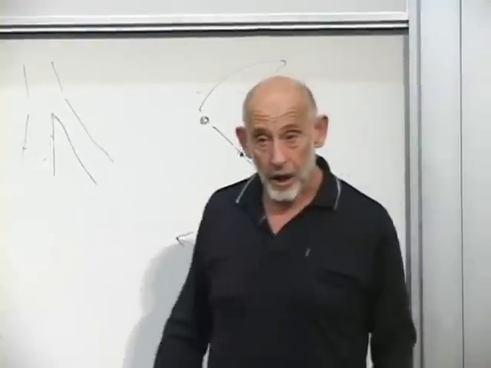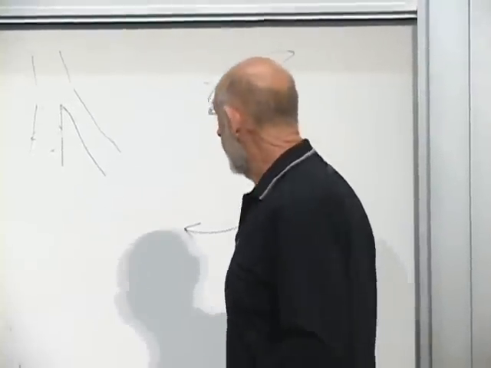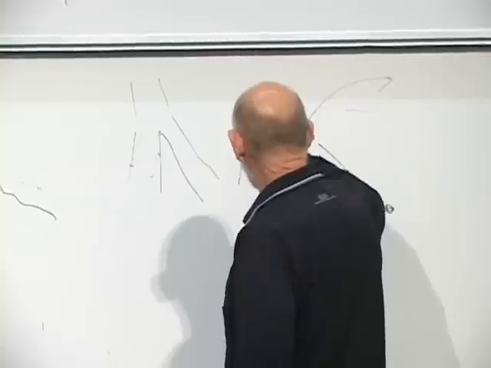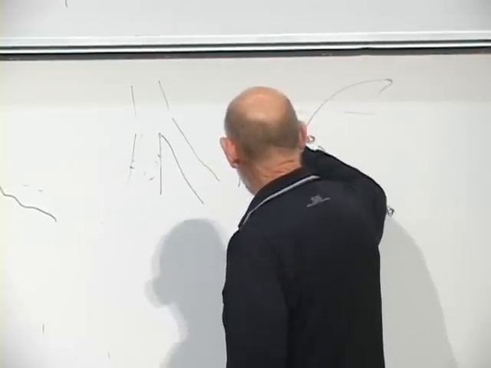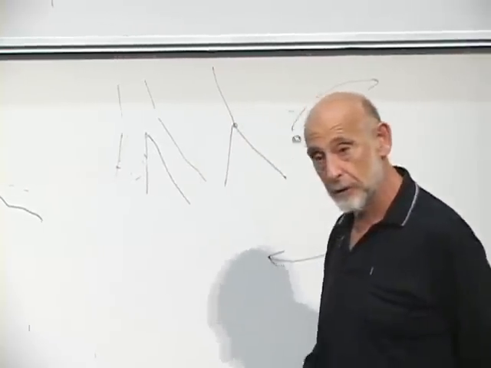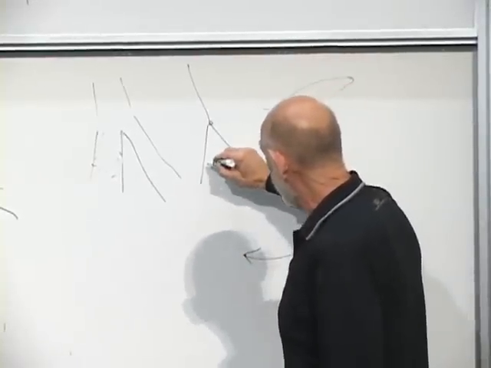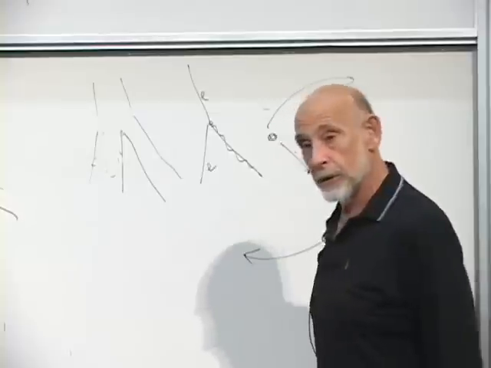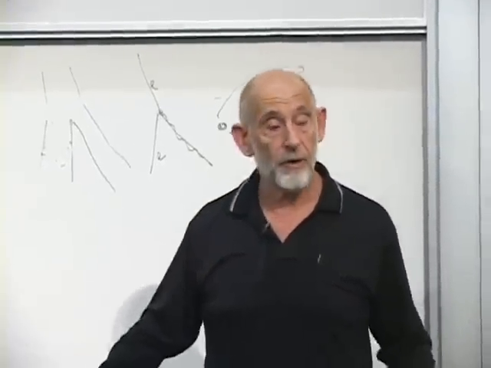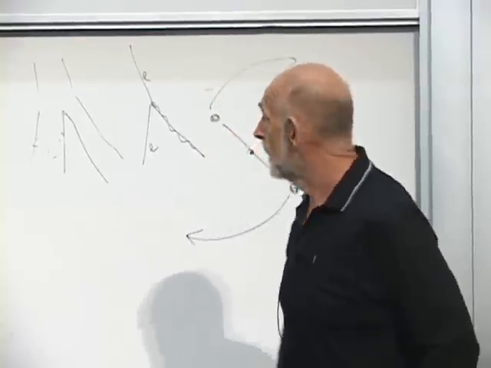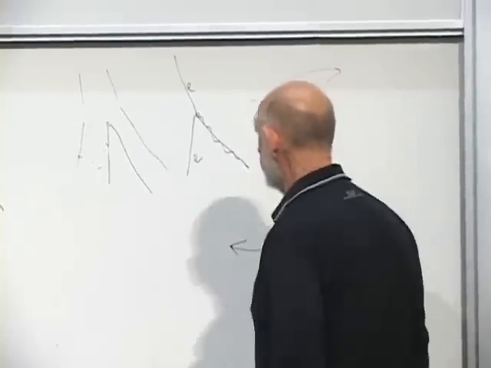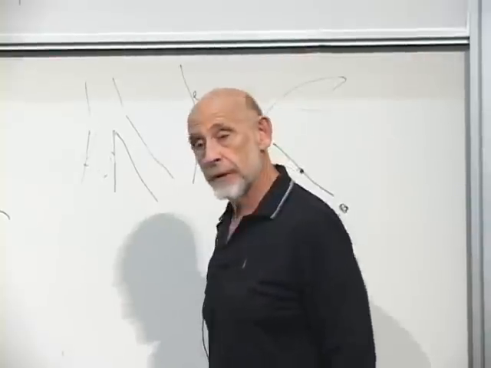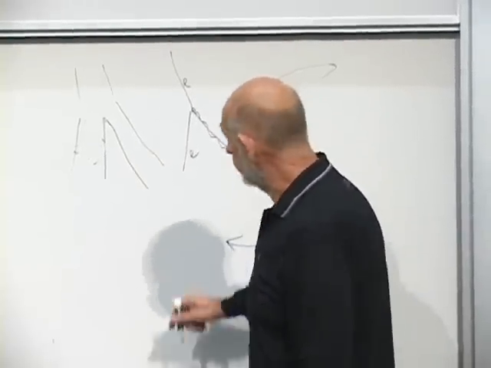That's the analog in string theory of what in quantum field theory is the vertex, where two particles come together and join and make a third particle. This could be an electron and a photon, or it could be any of the other interactions that we've studied. Two particles come together, join, and make a third particle. Two strings come together and join and make a third string.